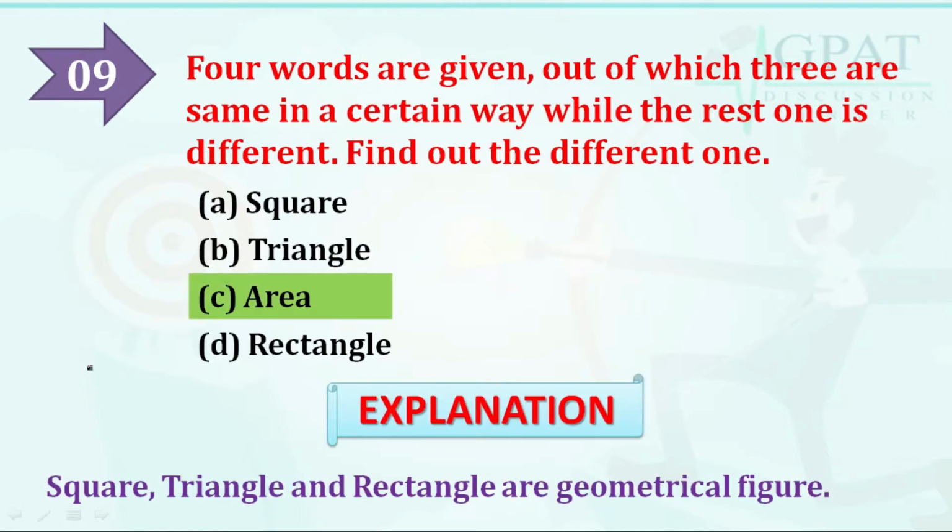And the explanation part: square, triangle and rectangle are geometrical figures, whereas area is not a geometrical figure. So the correct answer is area. Moving on to the next question.